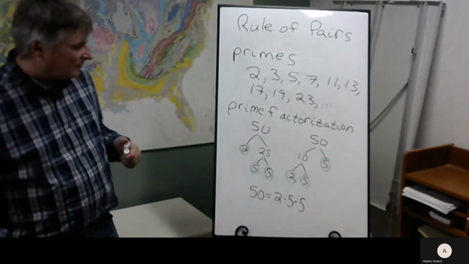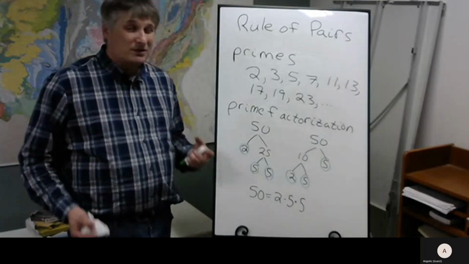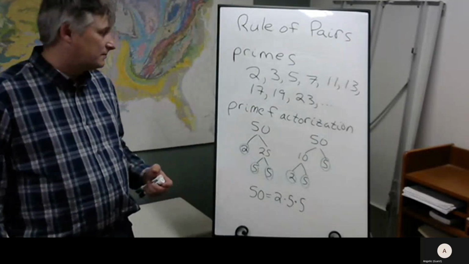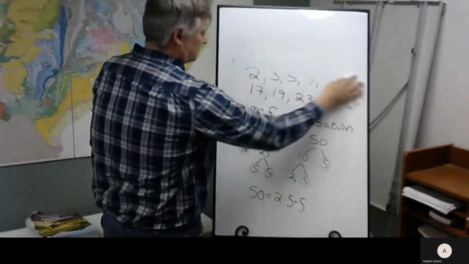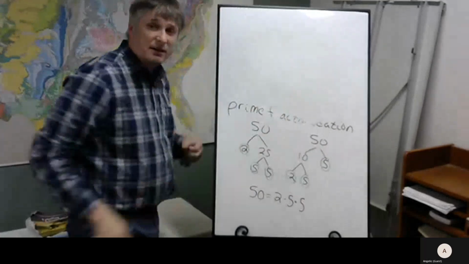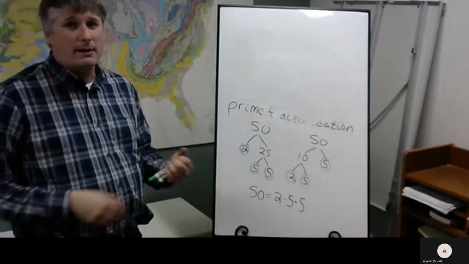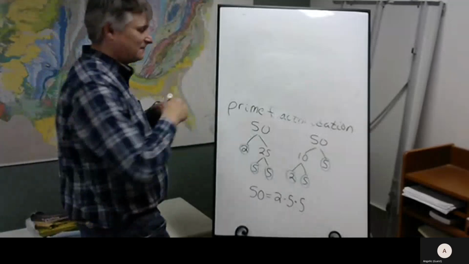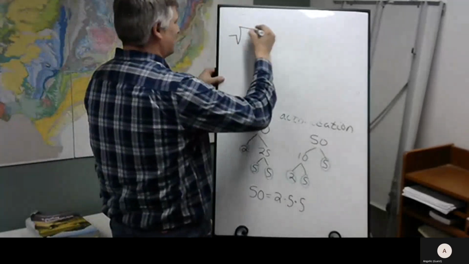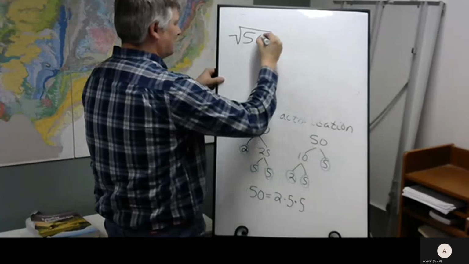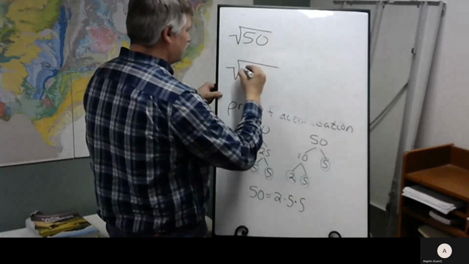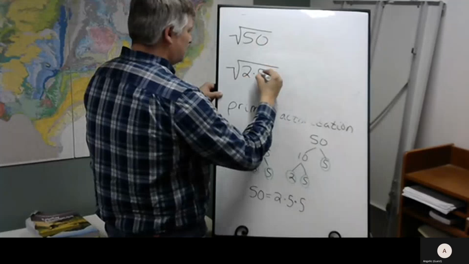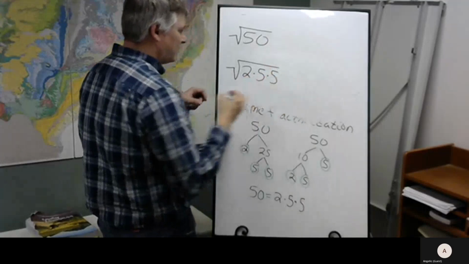So when we're dealing with these square roots, what we're going to want to do is break numbers down into their prime factorizations. And this will become 2 times 5 times 5.